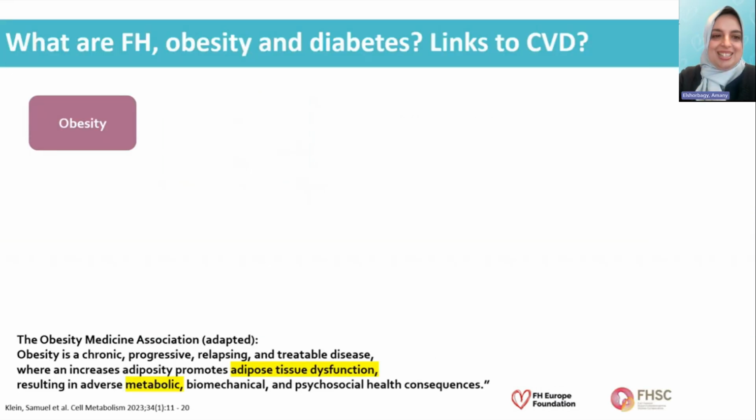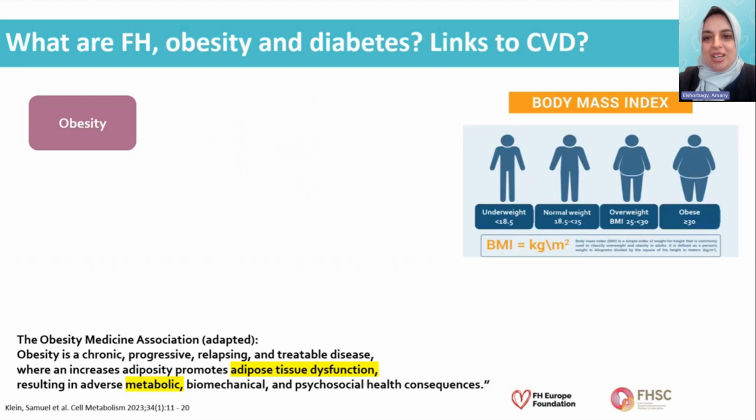Sure, thanks, Emma. So basically, we all think of obesity as an increase in body weight, an unhealthy increase in body weight. This is how we assess obesity in most studies, and how a person can assess whether they're normal weight or not.